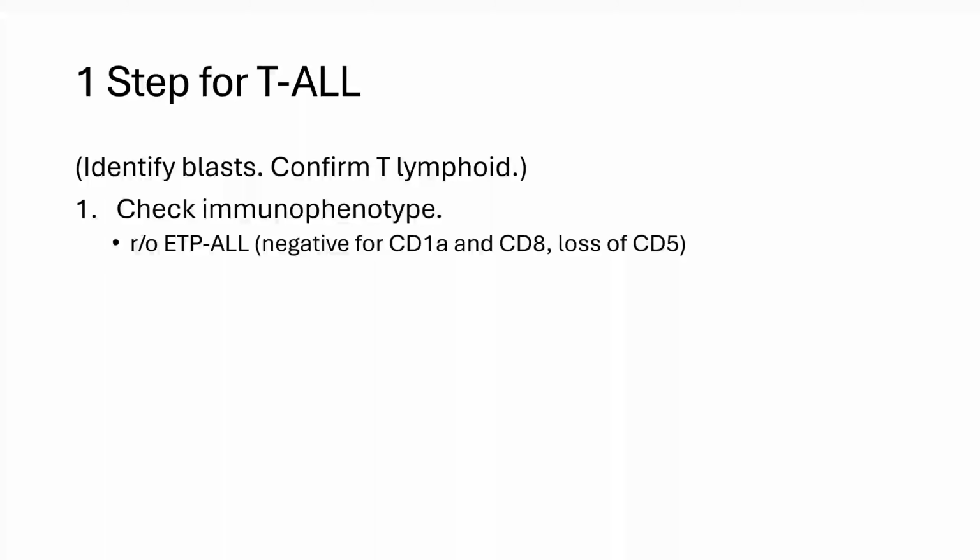For T-ALL, after we identify blasts and confirm a T cell phenotype, we check the immunophenotype to rule out ETP-ALL. ETP-ALL is typically negative for CD1A and CD8 and shows loss of CD5.